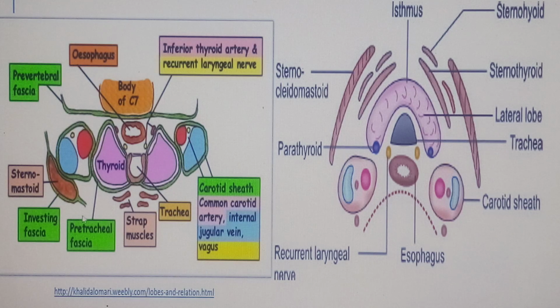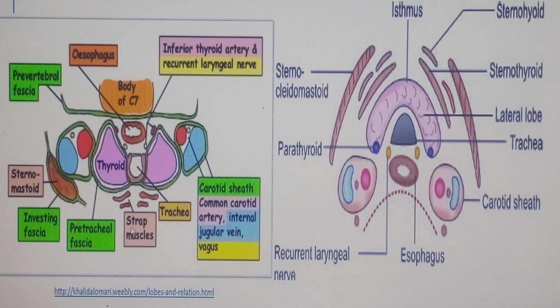But not only do we have the visceral layer, we also have the parietal layer. Whenever we talk about parietal, it has to do with wall. There are some muscles which form the wall of this neck region, and one of them is what we call the strap muscles, the infrahyoid muscles, the muscles which take attachment on the hyoid bone but go downwards, below the hyoid bone.